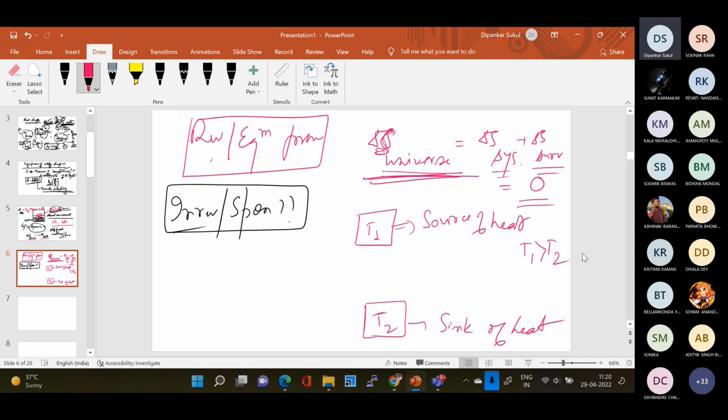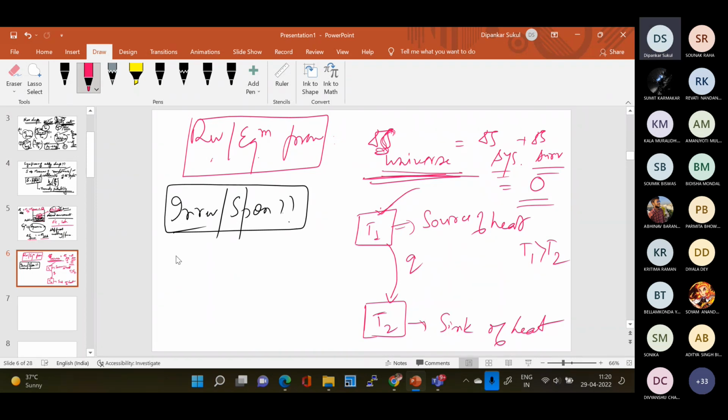Otherwise, heat cannot be transferred from lower temperature to higher temperature. But heat always spontaneously moves from a higher temperature system to a lower temperature system. So here, this is at higher temperature, this is at lower temperature. So let us assume that Q amount of heat transfers spontaneously from this higher temperature source to the lower temperature sink.